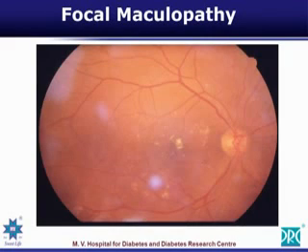Carefully watch here. You will find the disc is here in this color photograph. You will find the hard exudates existing here, and fluid and microaneurysms here. This is classically a feature of focal maculopathy, when that area of the macula is involved.